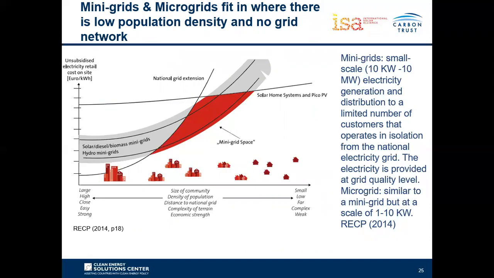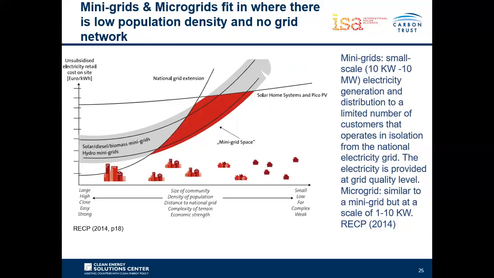So we can see here that mini grids are more expensive than a grid in an urban, highly densified area closely located to the existing grid environment.